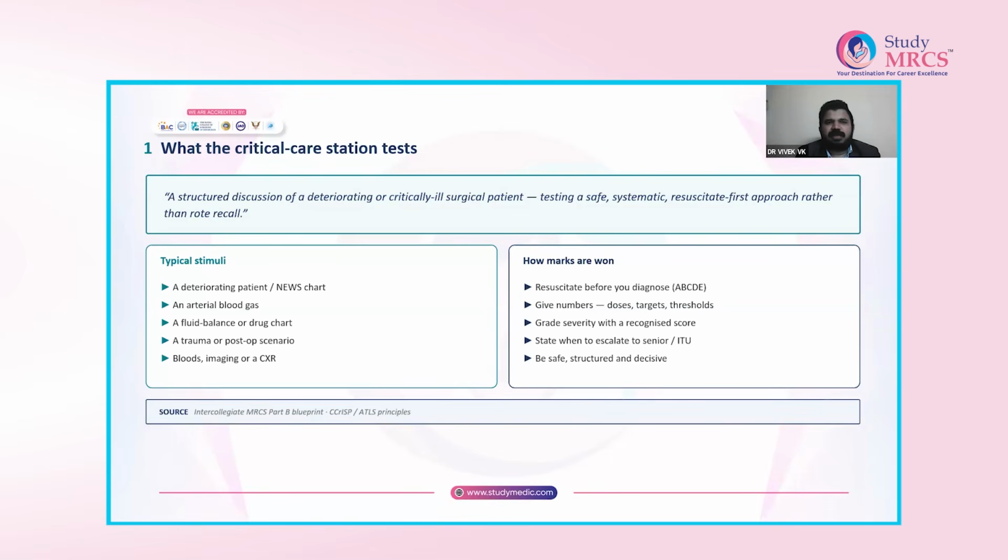Sometimes we may have to analyze an arterial blood gas chart, a fluid balance or drug chart, a scenario regarding trauma, or a scenario about post-operative surgical management. They may also display some imaging related to this station, or a chest X-ray or some blood reports.